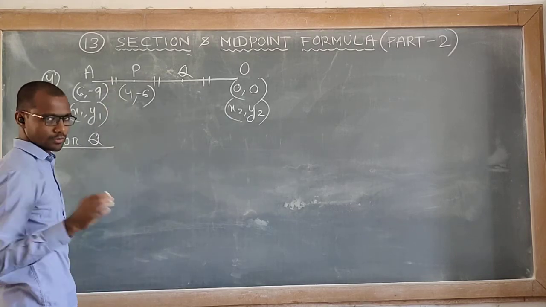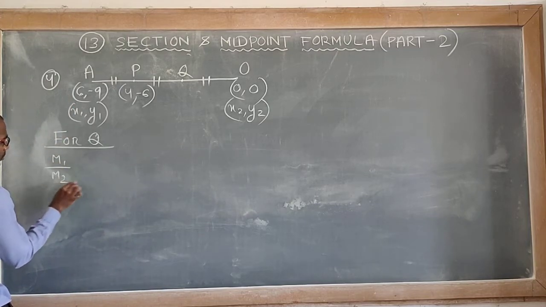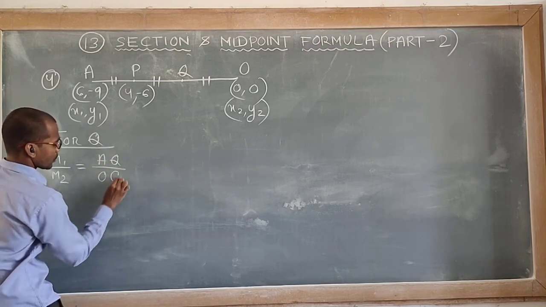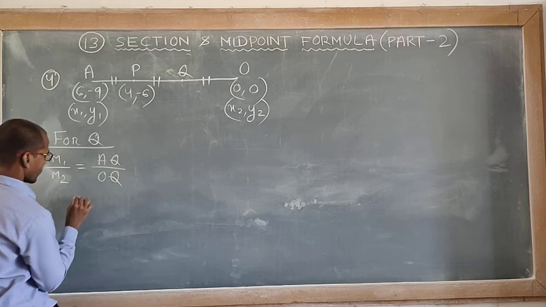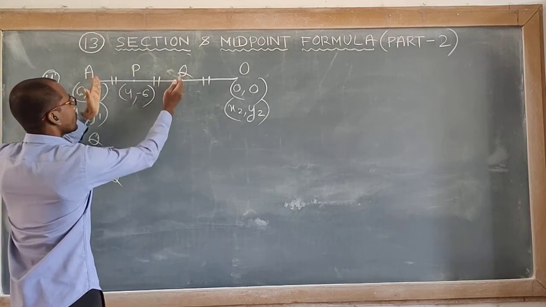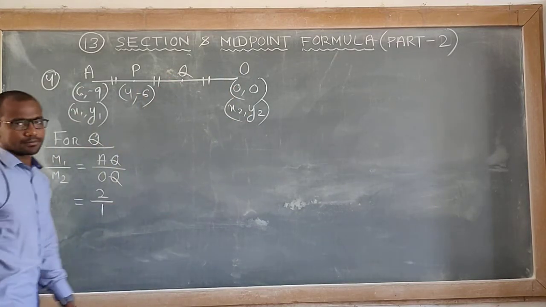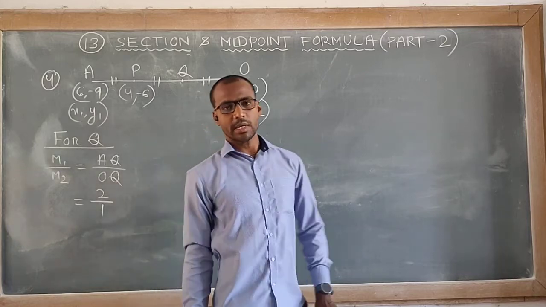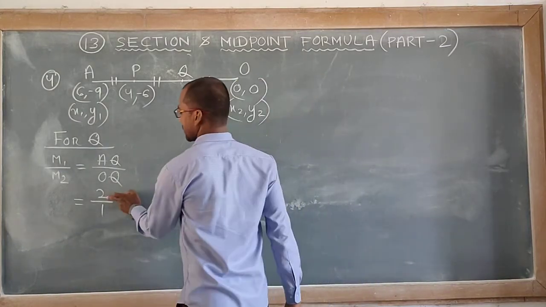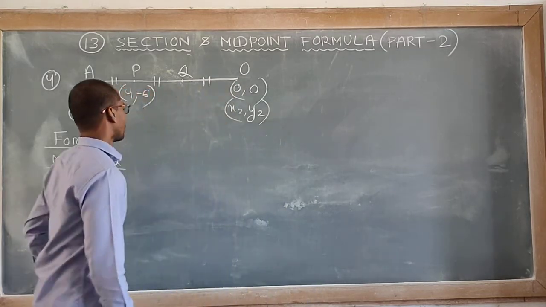Now forget P, don't look at P. M1 by M2 is equal to AQ by OQ. If AQ is 2, 1 plus 1, 2, OQ is 1. So now the ratio is 2 by 1. For P the ratio was 1 by 2. For Q the ratio is 2 by 1. So 2 is M1, 1 is M2. We have everything else. We can easily find the coordinates of Q.